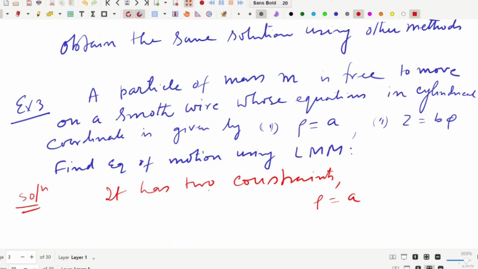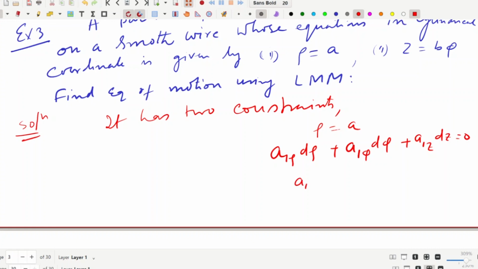The constraint equation I can write as a1 rho d rho plus a1 phi d phi plus a1 z dz equal to 0. But rho equal to a does not have phi or z, so a1 rho is 1, a1 phi equal to 0, a1 z equal to 0. Okay, so this is from the first constraint.